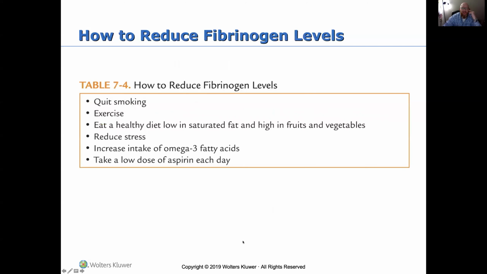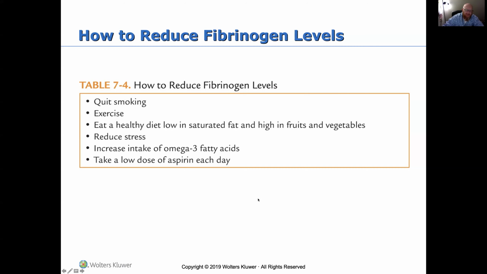These are the ways listed here, table 7.4, that you can reduce fibrinogen levels: quitting smoking, exercise, eating a healthy diet, low in saturated fat, high in fruits and vegetables. Reducing stress can even reduce fibrinogen levels, you need to know these as well. Increase your intake of omega-3 fatty acids. That's an important thing to note.